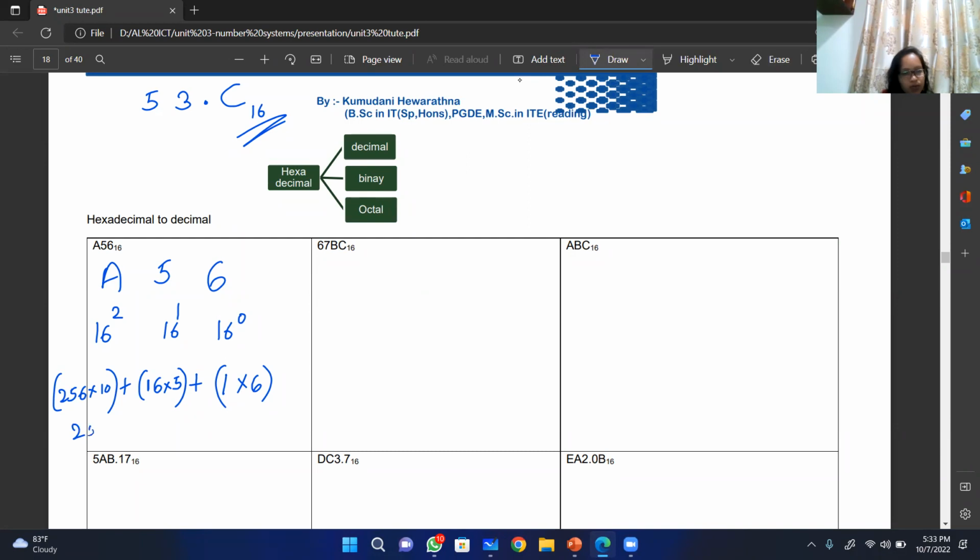So that is 2560 plus 80 plus 6. Now, as it is in decimal, no need to put the base.